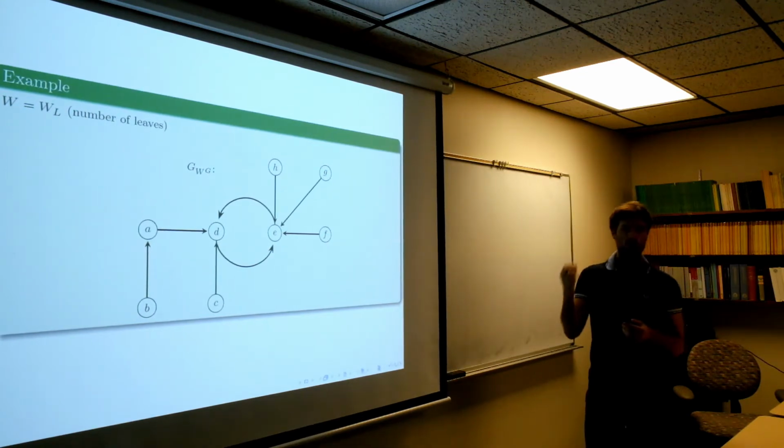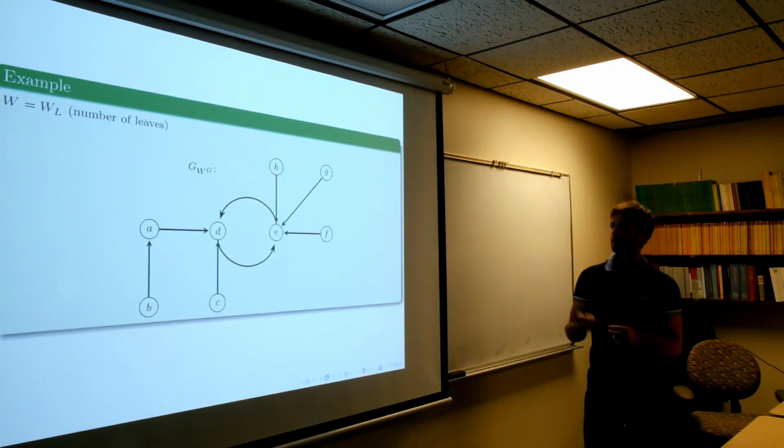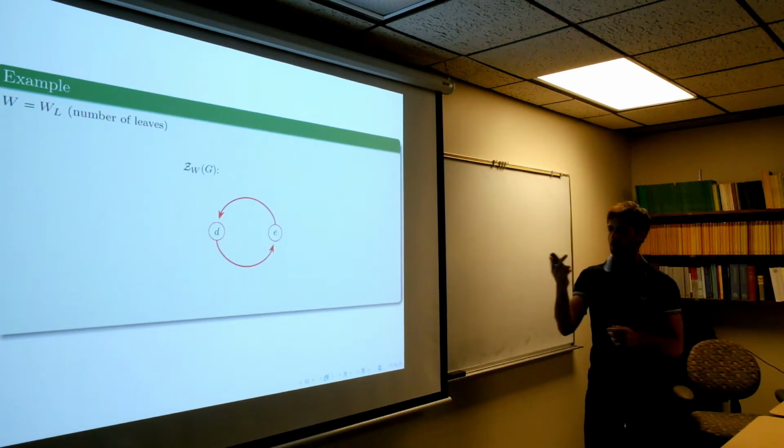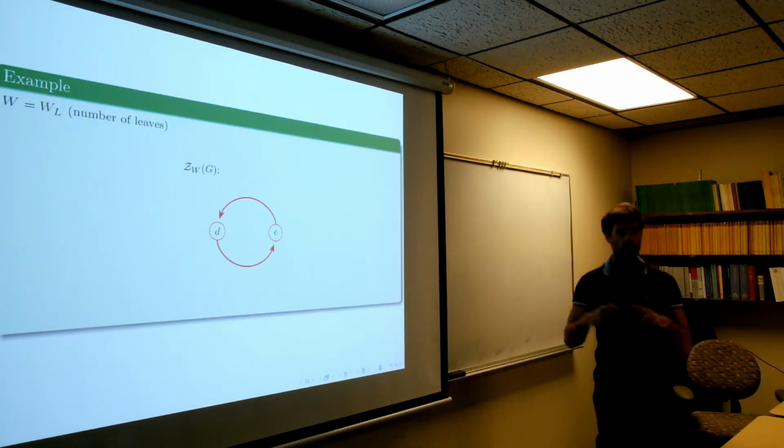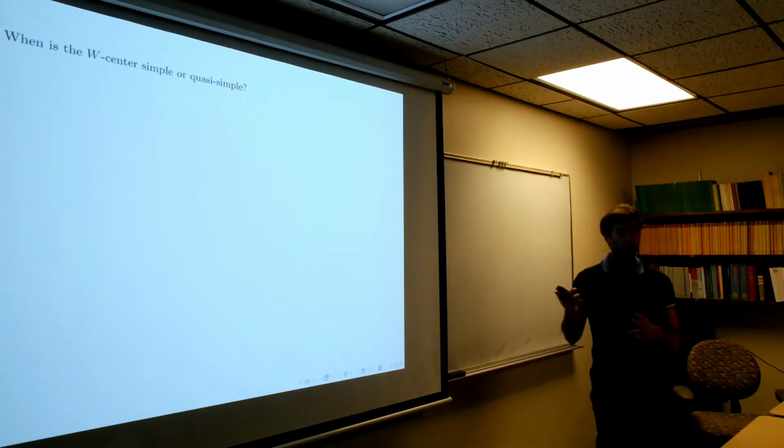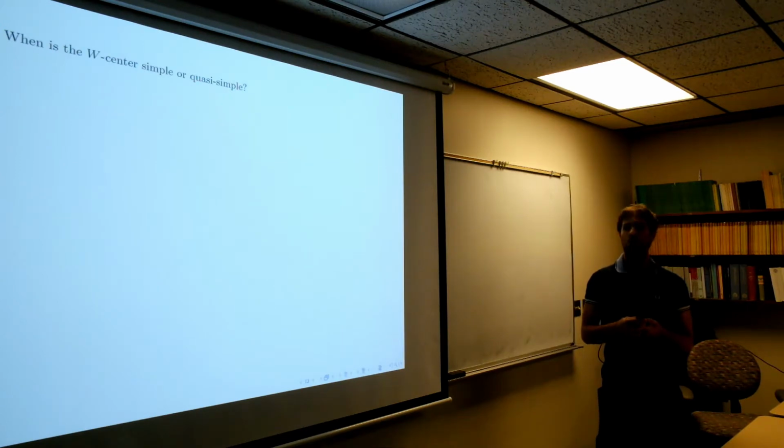And it has just one cycle, so this means that the center will be exactly that cycle, and in particular we see that this center now is simple. We will see later that it's not always what happens for this kind of weight, but in this case we end up with a simple center. Okay, so again, also in this setting we can ask when the W center is simple or quasi-simple. Question?